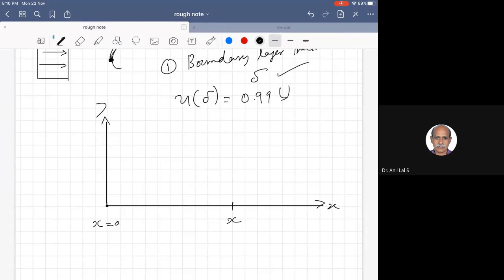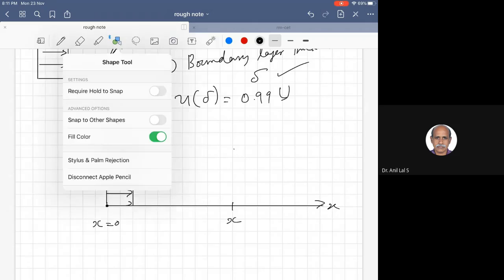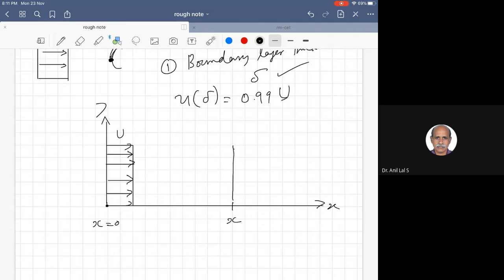and the velocity at x is equal to 0 would be equal to the potential velocity u, and at certain x you will have the velocity like this.